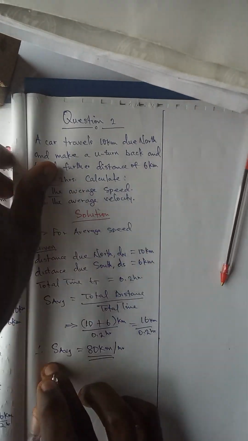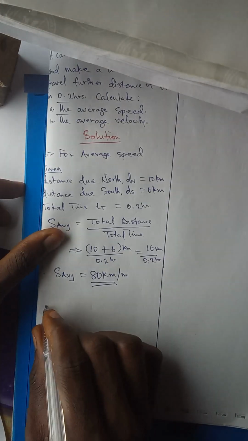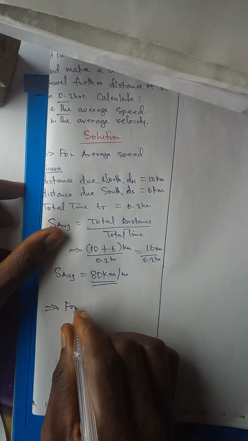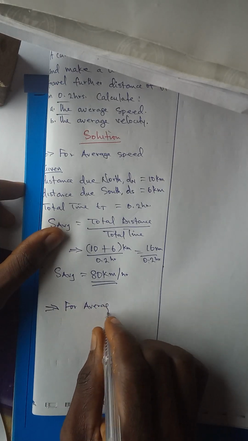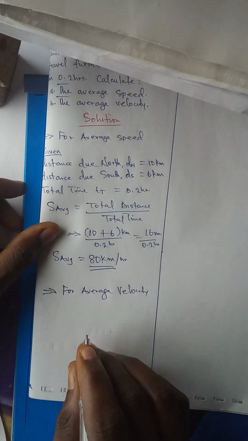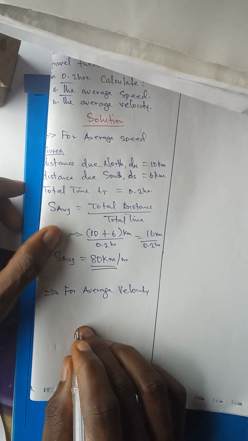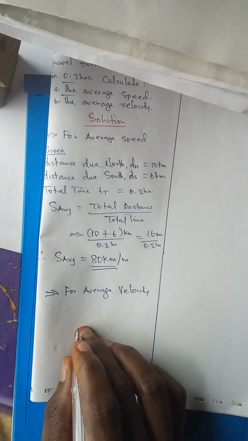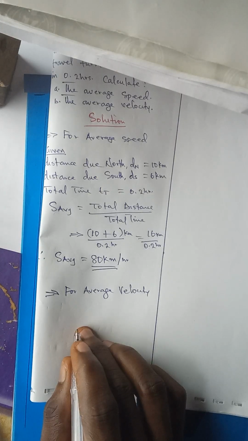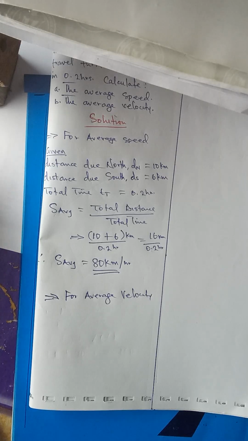So we'll move further by calculating my average velocity. Now listen to this. Velocity means displacement over time, and displacement has to do with change of distance or change of direction.